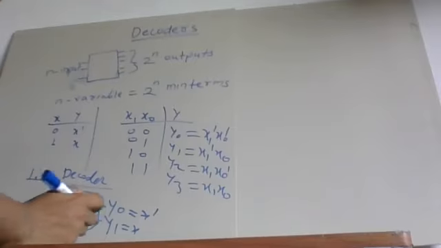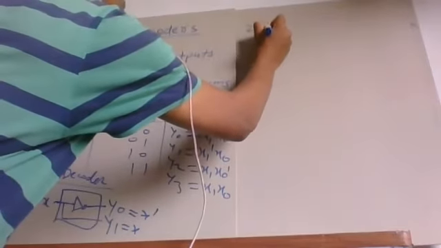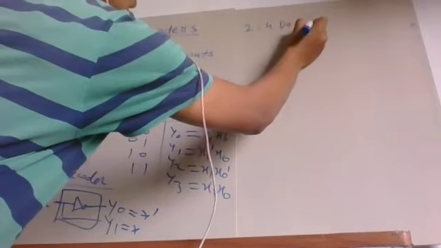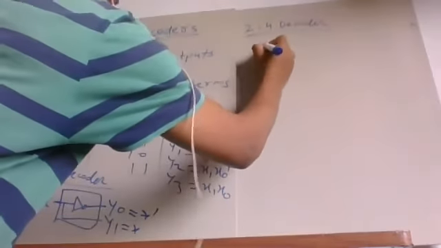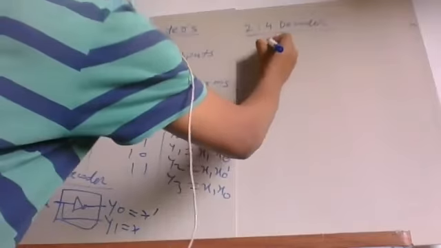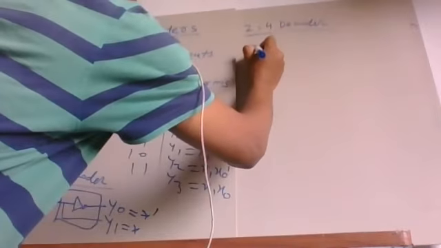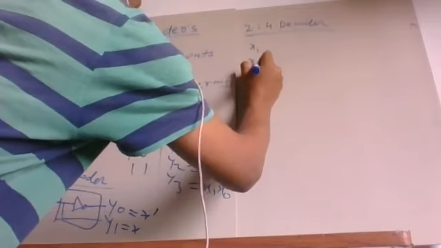Similarly, if you want a 2 to 4 decoder, we must have two inputs. So inputs say x1 and x0.